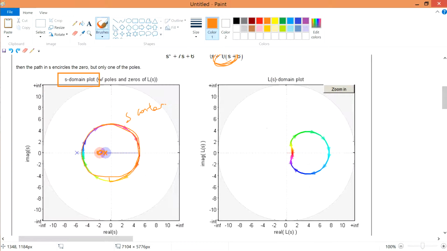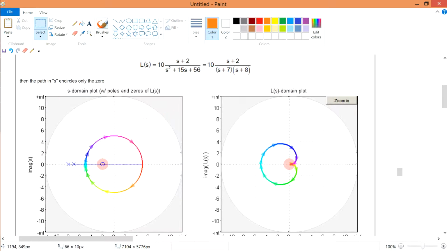And therefore, let's do another example. From here, this is a similar thing. You have one zero, sorry, and two poles. However, when you plot this S contour, this S contour is the same S contour as we talked about. And if you happen to forget, this S contour is equal to 5e^(jθ).